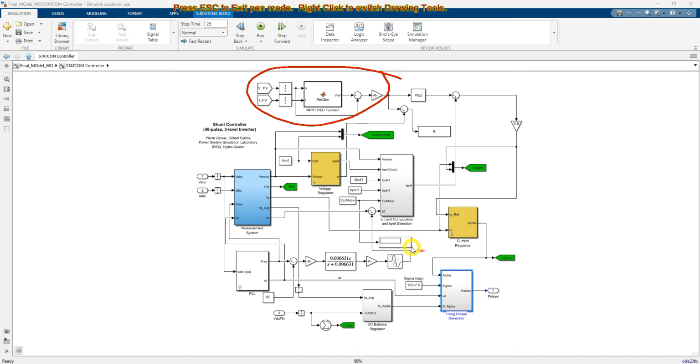Then here we are applying damping control, and then DC voltage regulator, AC voltage regulator and AC current regulator. Okay, so these are the controls inside the STATCOM.